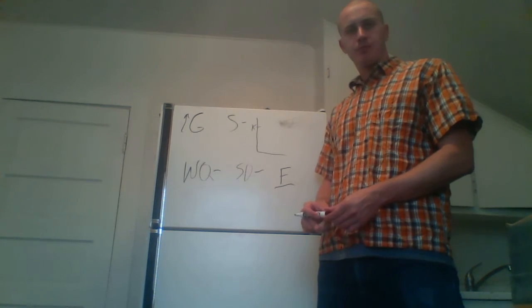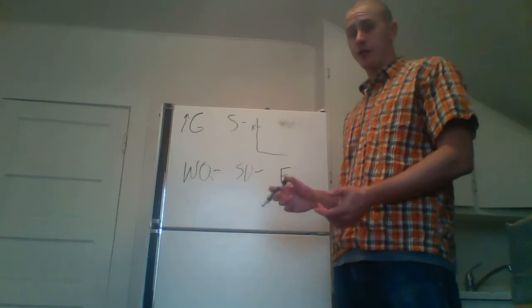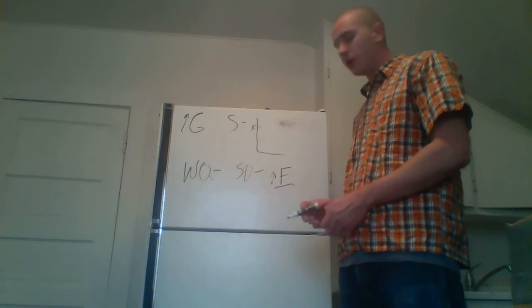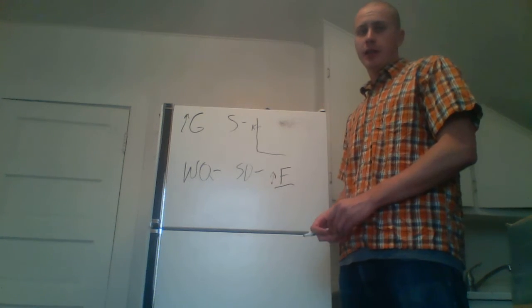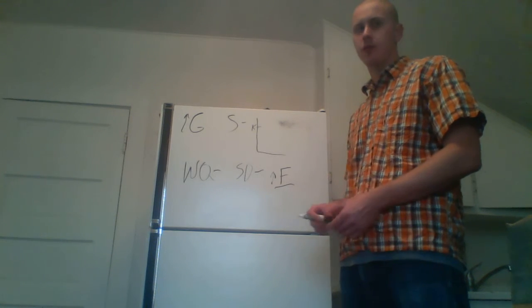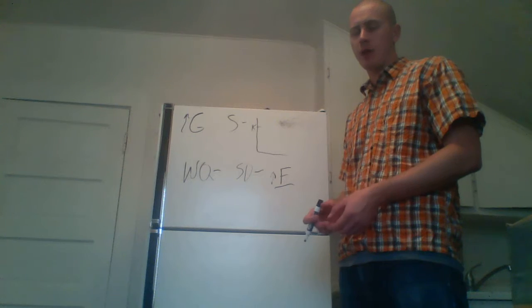So let's say we want to increase our growth. A good theory to start off with is, okay, let's increase our feed then. And then of course you feed the fish, they eat more food, they grow bigger. So then you get more growth in a shorter amount of time.